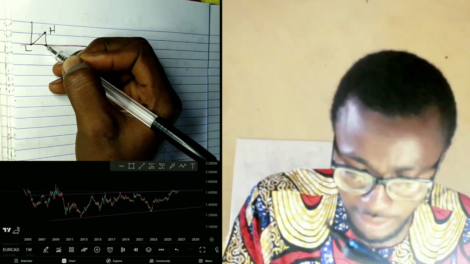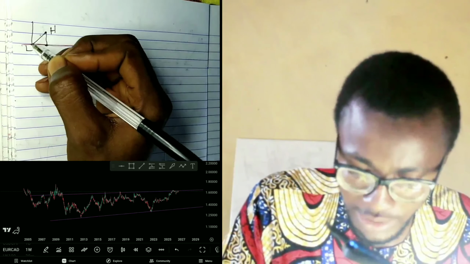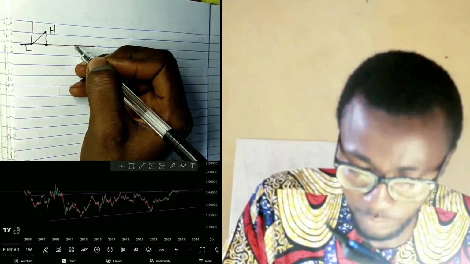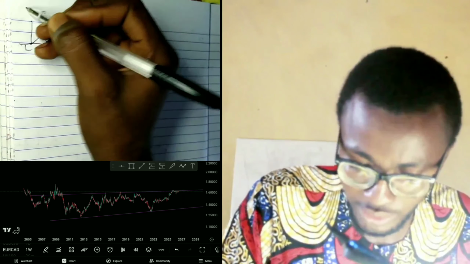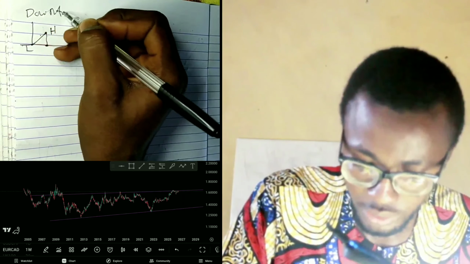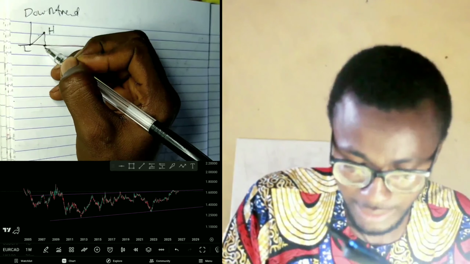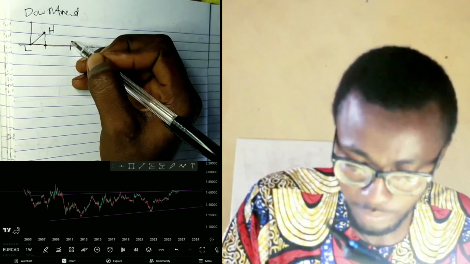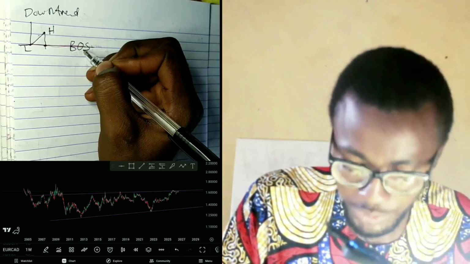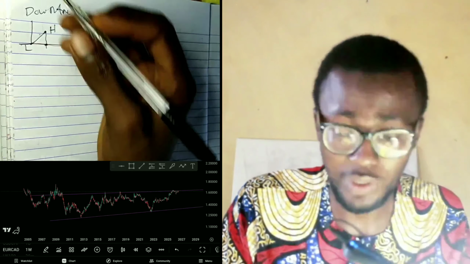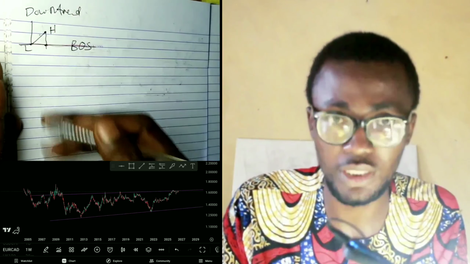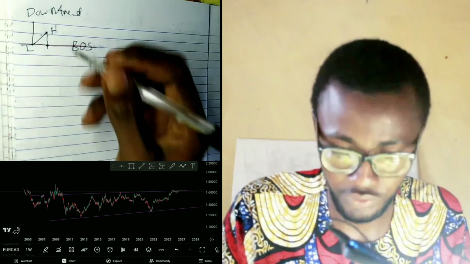As it broke this level, this is a downtrend. As it broke this level in a downtrend, it's called what? BOS, meaning what? Break of structure. So in a downtrend, when the low is broken, it's called break of structure.